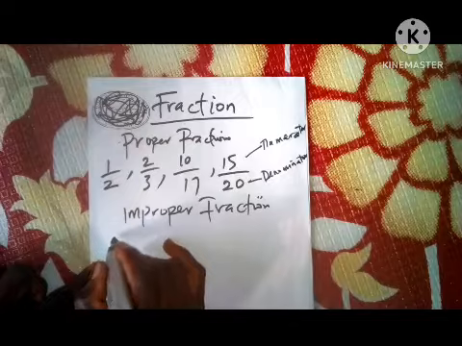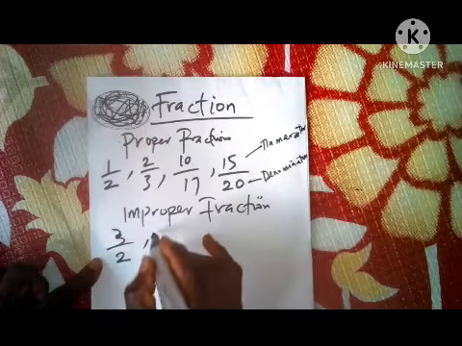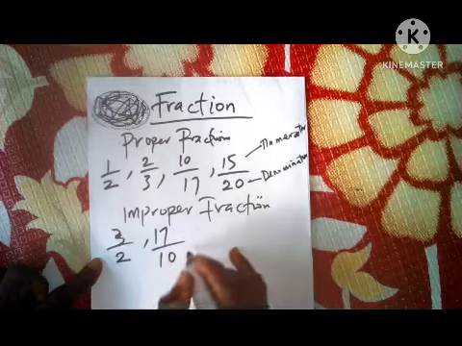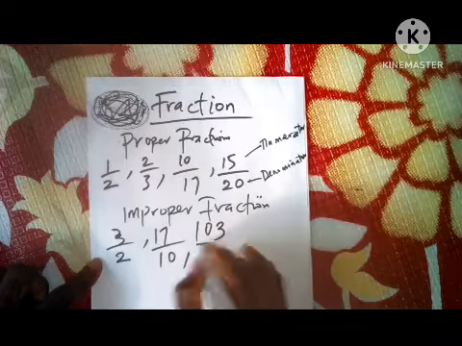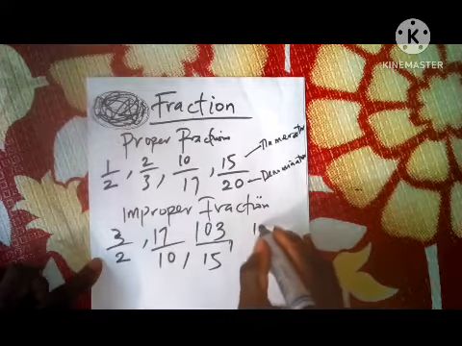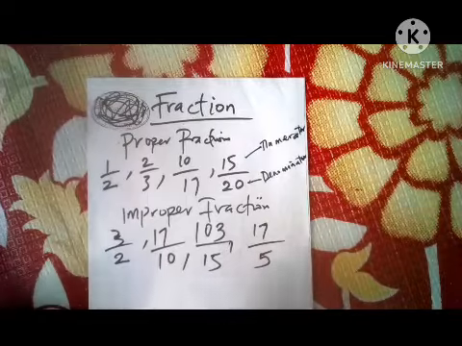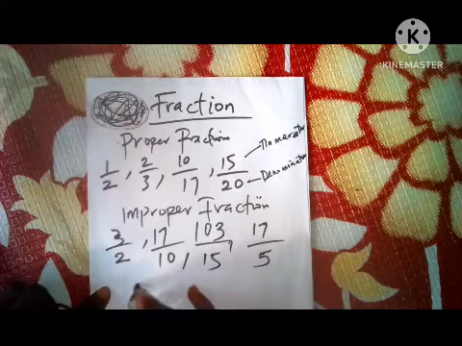E.g., we have 3 over 2, 17 over 10, 103 over 15, 17 over 5.